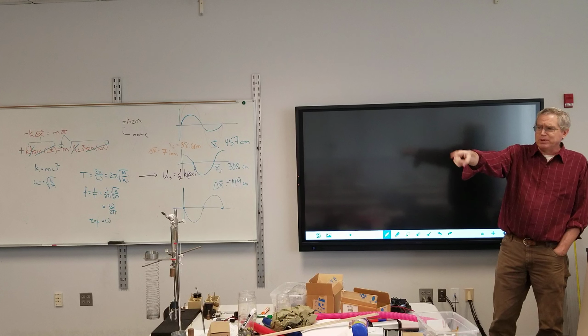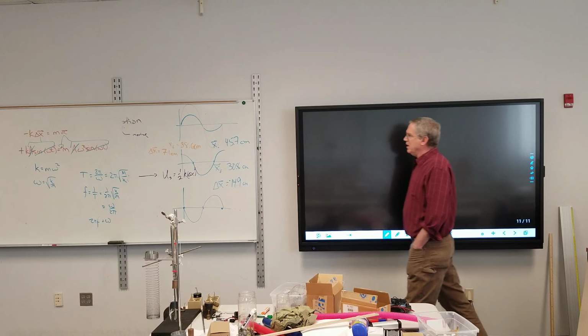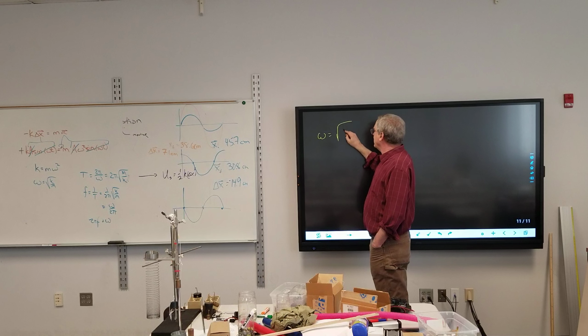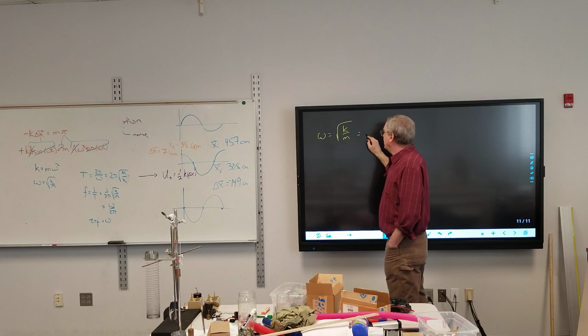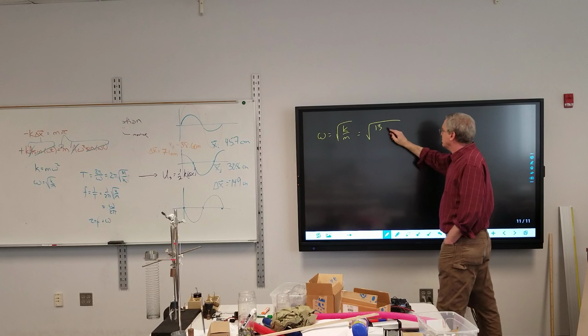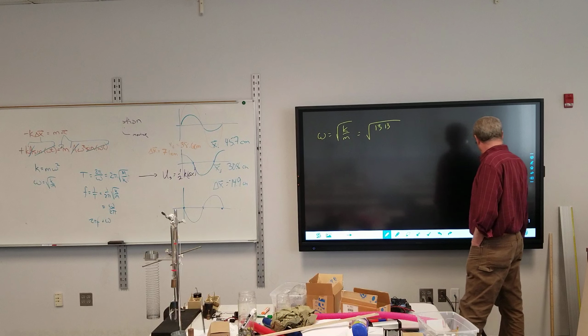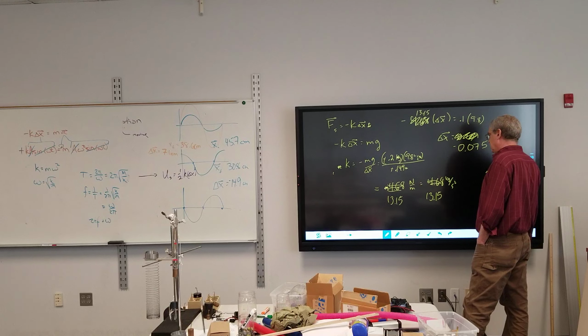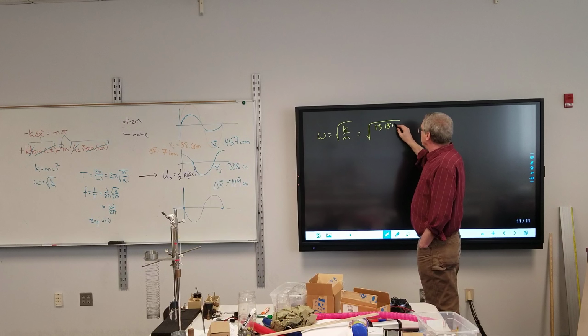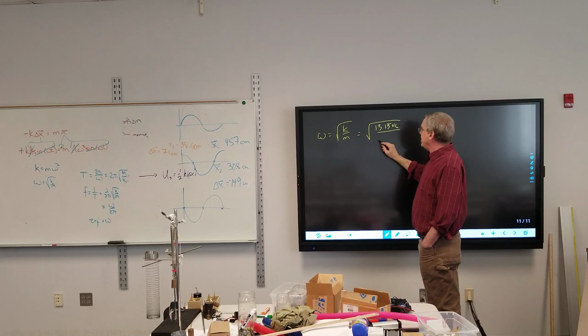All right, so let's predict what that is going to be. I know that omega is equal to the square root of k over m, which is the square root of 13.13.15 newtons per meter, divided by my mass of 0.1 kilograms.